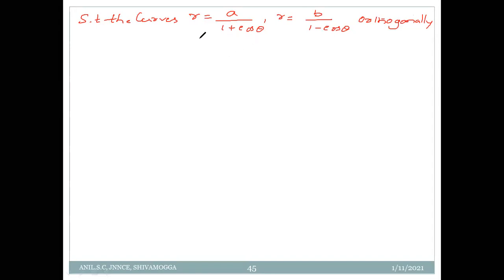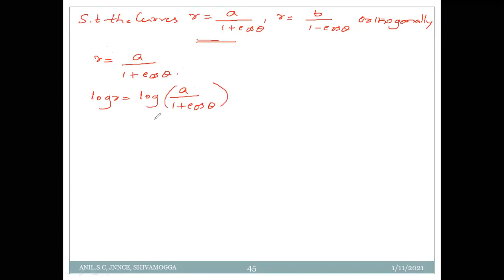First we shall find angle between radius vector and tangent for each of these two curves. First let's take r is equal to a divided by 1 plus cos theta. Take log on both sides. You get log r is equal to log a divided by 1 plus cos theta.